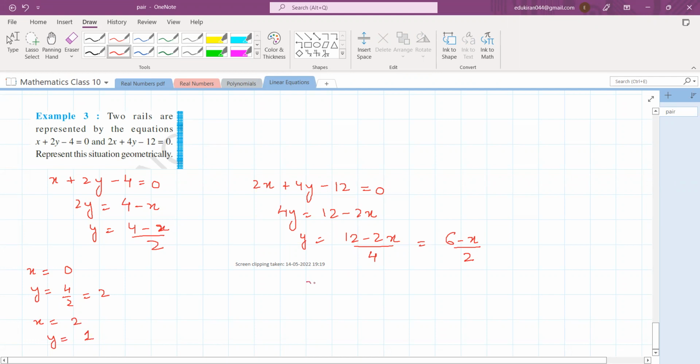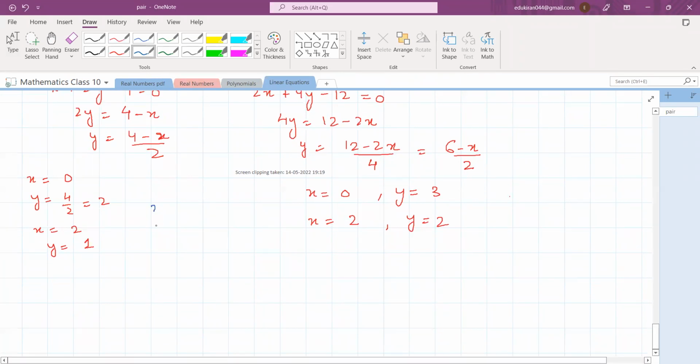Now here, if I take x is 0, y will come out to be 6 minus 0, 6 by 2, 3. When I take x equal to 2, y will be 6 minus 2 is 4, 4 by 2 is 2. So I've got the points. Let us try to plot them.